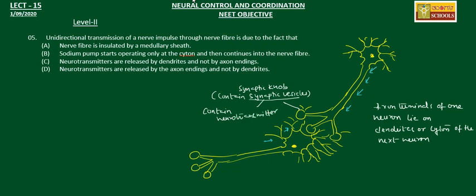So dendrites have no neurotransmitter. Hence even though the information comes to dendrites, it cannot pass on to the next neuron through the axon terminal. So transmission in this direction is not possible.